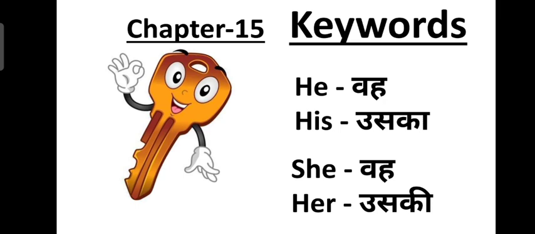He means वह and the possession of he is his. She means वह. Her means उसकी. So the possession of she is her. These all are also pronouns. Okay? These all are pronouns.